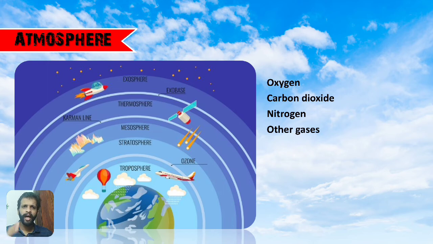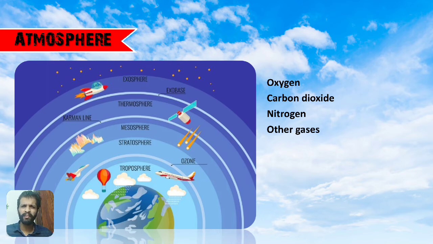But is this combination of gases on other planets as well? There are so many planets that we have learned about, right? In the 8th standard, you had a chapter on stars and the solar system, and you studied about different planets and stars and so on.